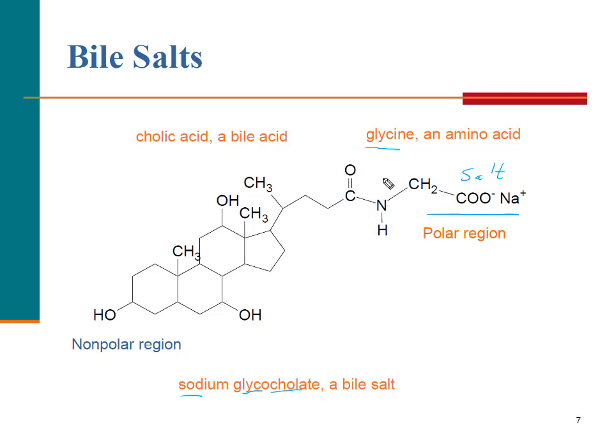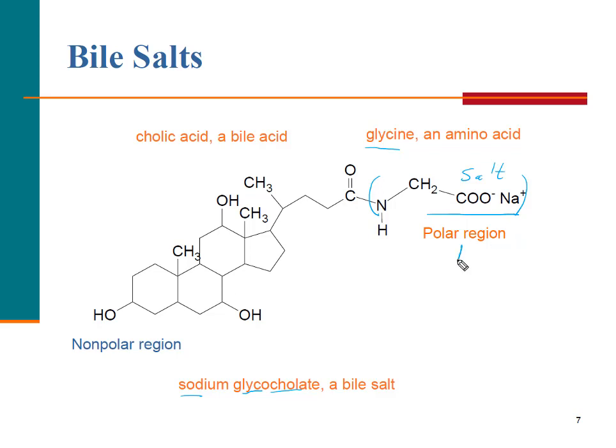It's a sodium salt of glycolic acid. So glycine is another one of these amino acids. So here's the acid. This is the alpha carbon. Here's the amine. So this part here is glycine, and it's an amide bond to this. There was an acid here as well, but this is the polar region, right? This is a salt, and so this is the polar.